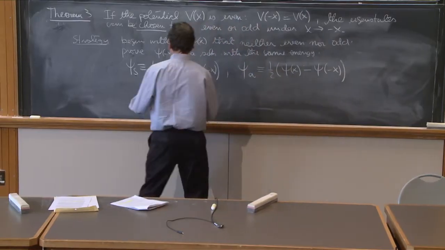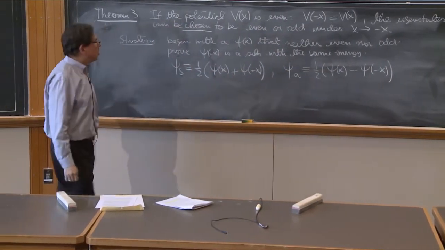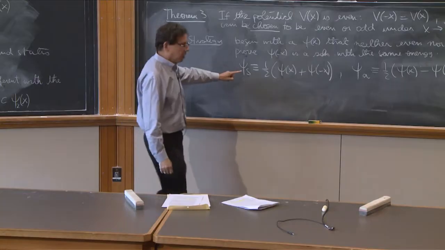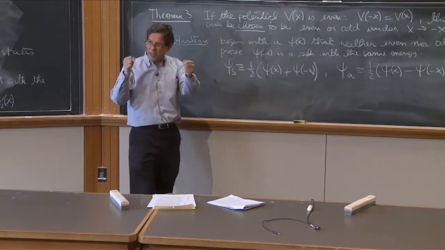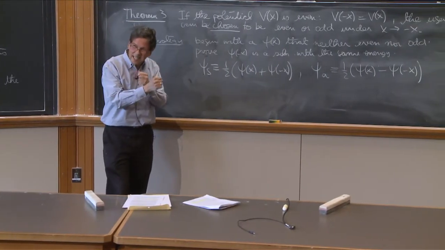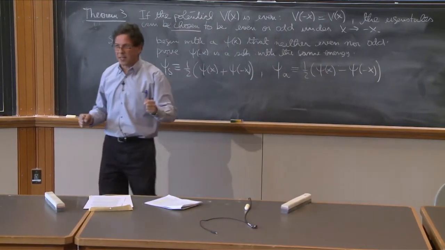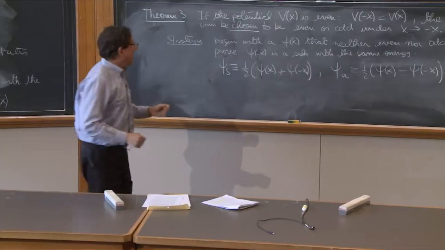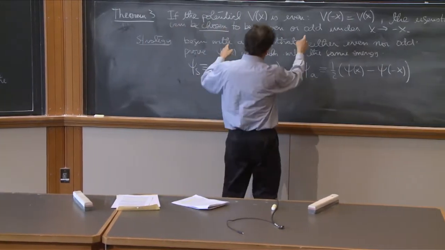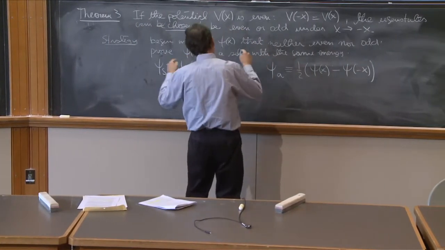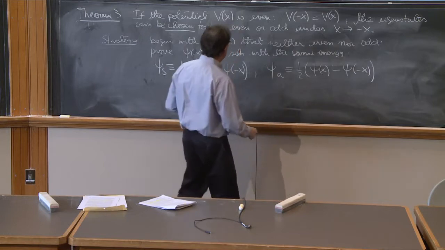And these two would be, this one even under the exchange of x for minus x, this one odd under the exchange of x for minus x. And both would be solutions by superposition. And both would have the same energy.